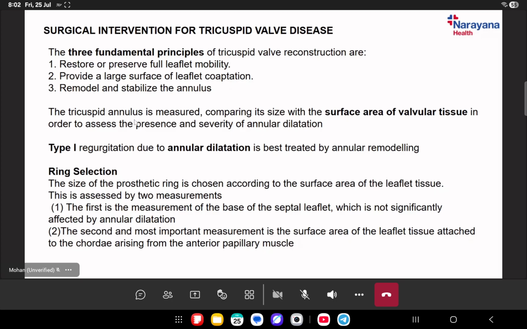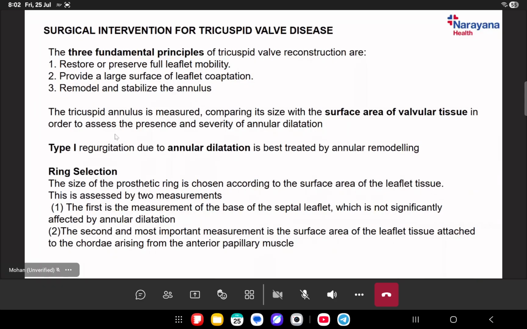The tricuspid annulus is measured by comparing its size with the surface area of the valvular tissue in order to assess the presence and severity of annular dilatation. So we see the surface of the valvular tissue during the insufflation test and measure accordingly. The type of tricuspid repair depends on the type of regurgitation, according to Carpentier's classification, type 1, type 2, type 3.